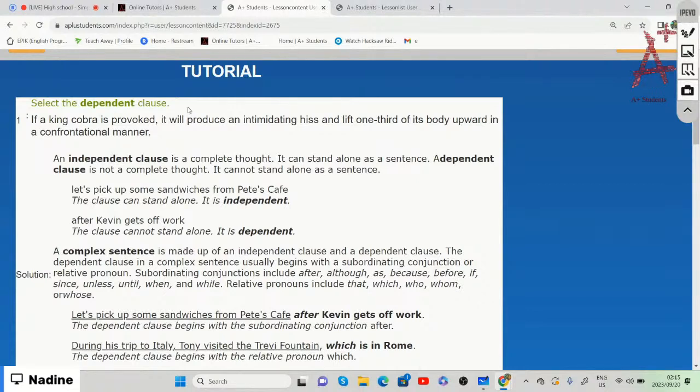So, an independent clause is a complete thought, which basically means that it has a subject and a verb: what the sentence is about, or who the sentence is about, and the action that he or she or they are doing.